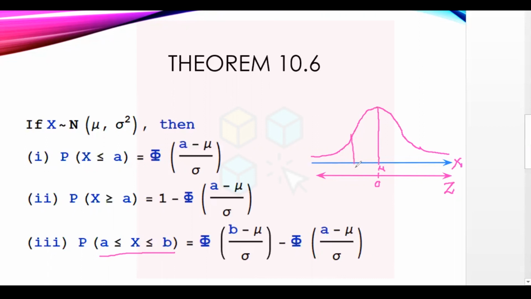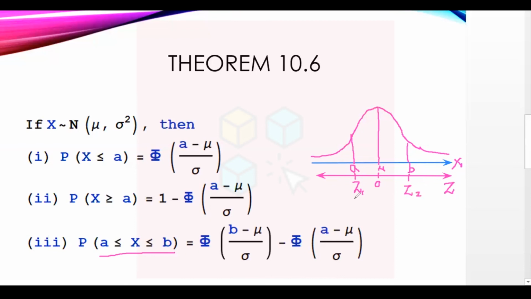A is, for example, here, and b is here. Both a and b can be on the right side or either on the left side. So we have to find corresponding values of z scores on here. For example, this is our z1 and this is our z2.